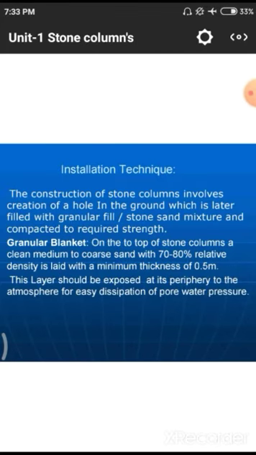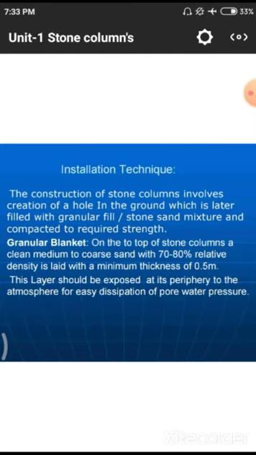That means in whatever ground we have, we need to choose a particular point where the total load is associated, mark that place, and use digging equipment to dig the material up to the required depth. Later it is filled with granular fill. Granular means normally stony materials, having particles of large size. Next, a stone sand mixture, all compacted to required strength.